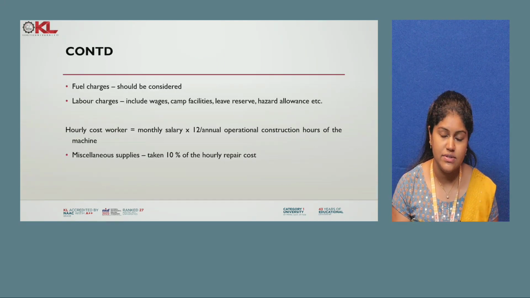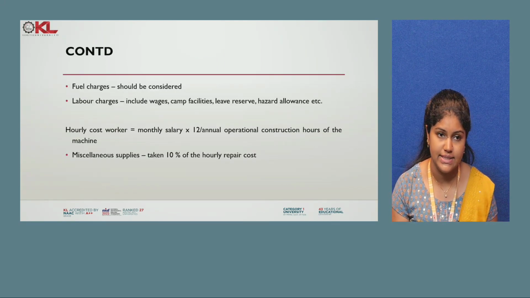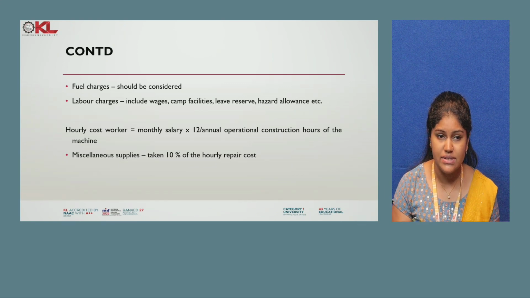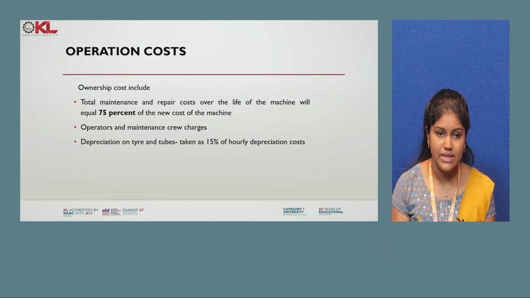Continuing with the operation cost, fuel charges will be considered. In order to work the equipment, fuel will be required, so fuel charges will be considered. Labor charges include wages, camp facilities, leave reserve, hazard allowance, etc. The labor charges will be considered in the case of operational cost. So here you can see that the crew charges or maintenance charges and all those things come in the operational cost.